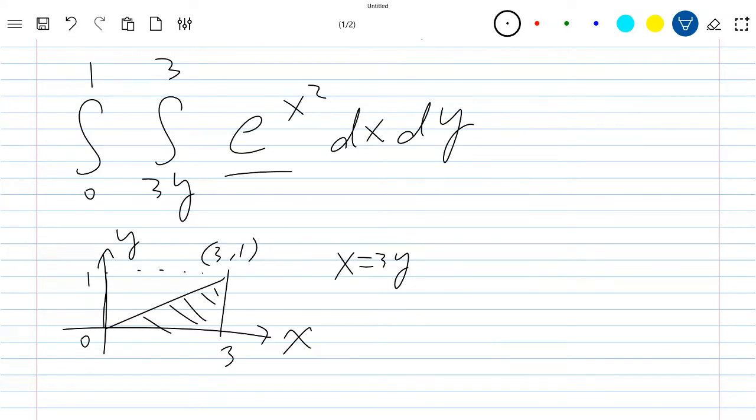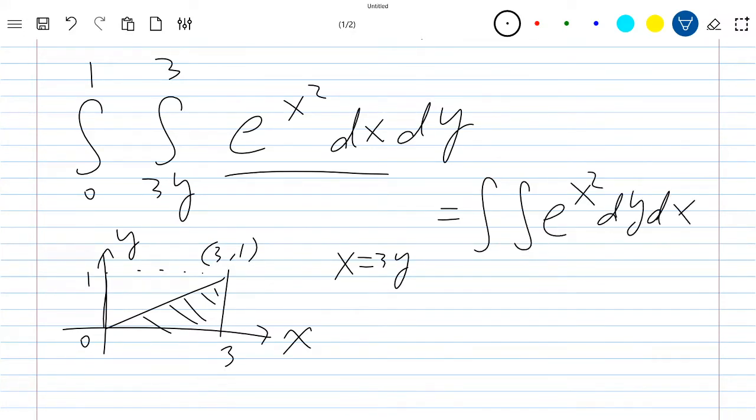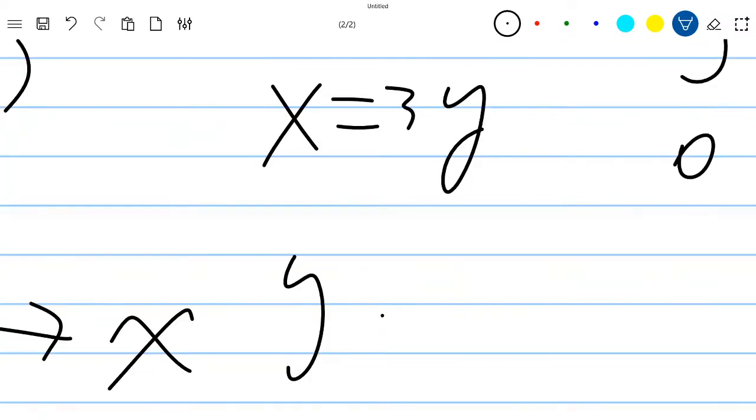If you do it directly, you will have a problem because e to the x squared is not something that I can integrate. But if you rewrite it as the integration of y inside, x outside, then the domain for x is from 0 to 3, and y is from 0 to, you solve for that, y equals x over 3.